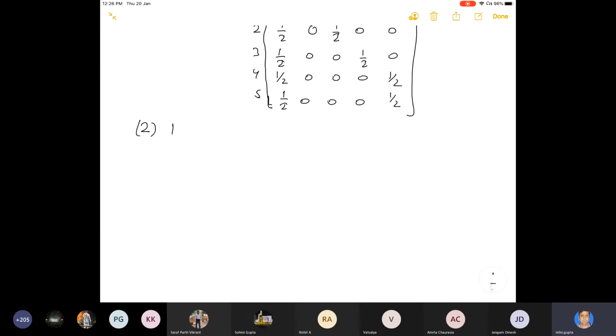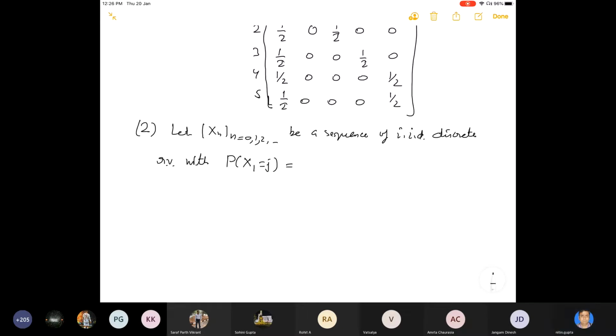Let Xn, n is 0, 1, 2, and so on, be a sequence of IID discrete random variables with probability X1 is equal to j, which is half raised to power j plus 1, for all j, which is 0, 1, 2 and so on.